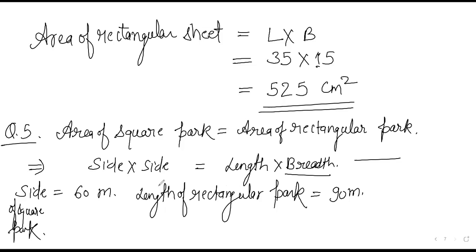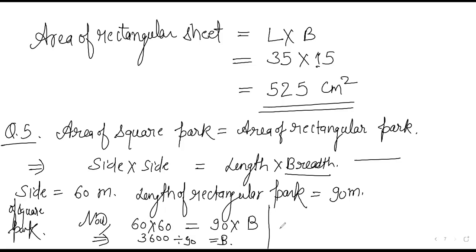Now put down the values whatever we know here. Side into side means 60 into 60 is equal to 90 into breadth, B. So this gives you 3600, and 90 goes to division, so divided by 90 is equal to B. Now here B is 3600 over 90. 0 gets cancelled, 9 times 4 is 36, so 4 and 0 means 40.